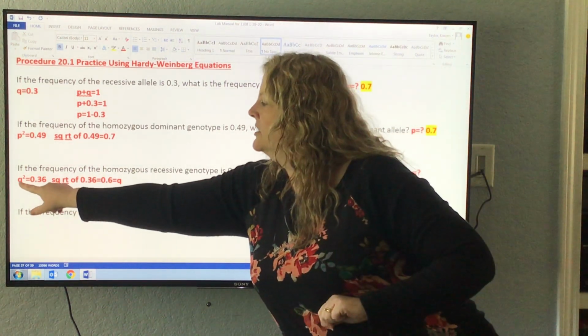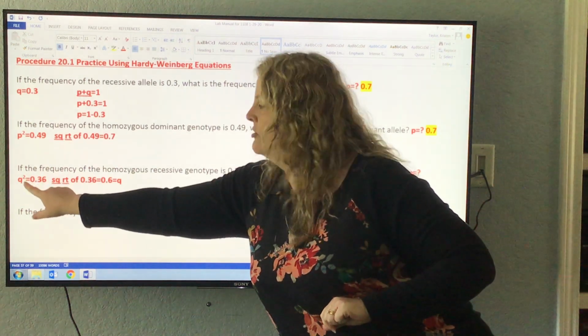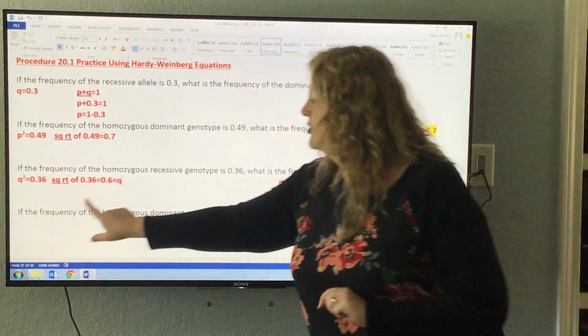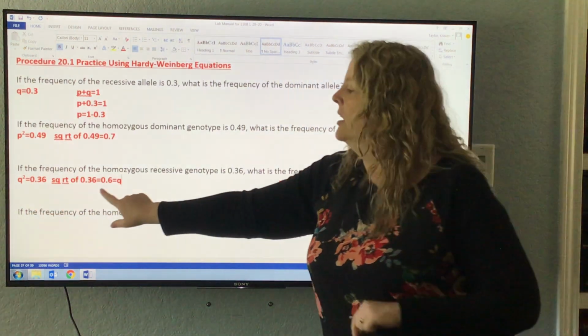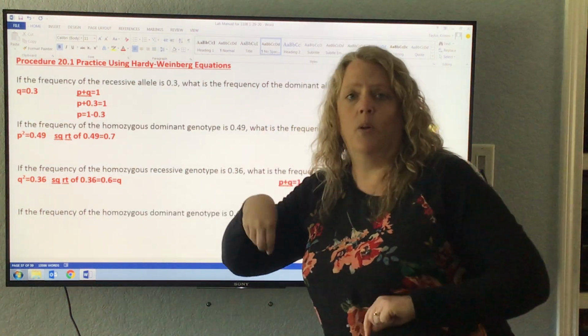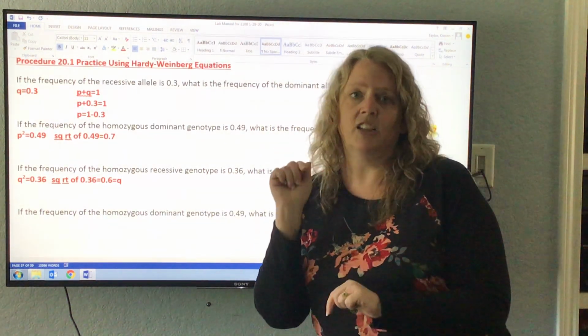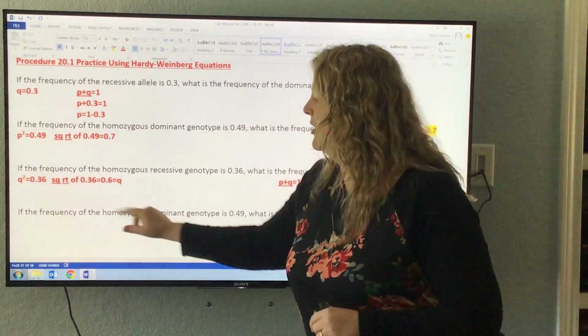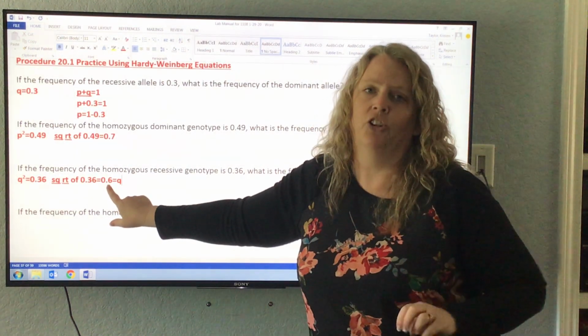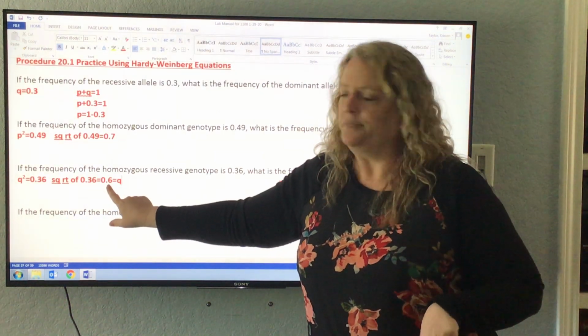We have Q squared, 0.36. I want to go from Q squared to just Q, so I need to find the square root of that. Enter 0.36, hit the square root function on your calculator, and you will see 0.6 on the screen.